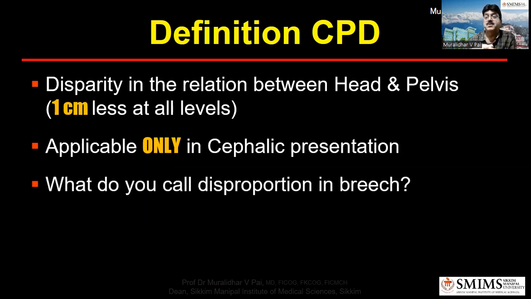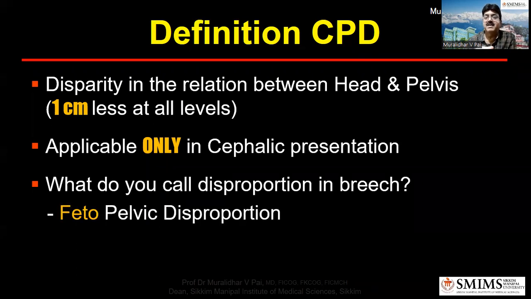What do you call the disproportion in breech then? Some students ask me, sir, can we call it fetopelvic disproportion? Yes, you can call it fetopelvic disproportion, but it is very difficult to assess. You usually assess it indirectly by the weight of the baby.